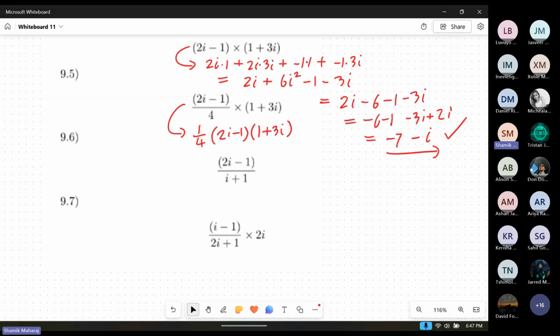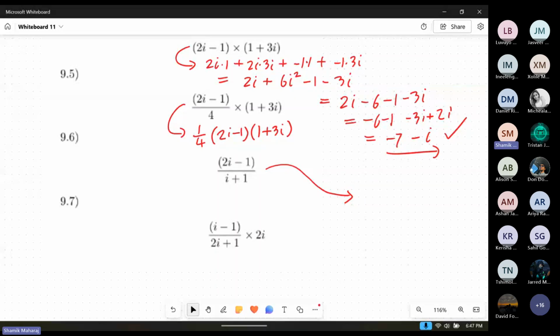9.6, I have to take a bit of time to explain because you need a trick to solve this one. Because it's clear that this is not in the form a plus bi. It's not even close. It's a plus bi divided by a plus bi. And to get that to this form, we have to use what we just learned about the complex conjugate.